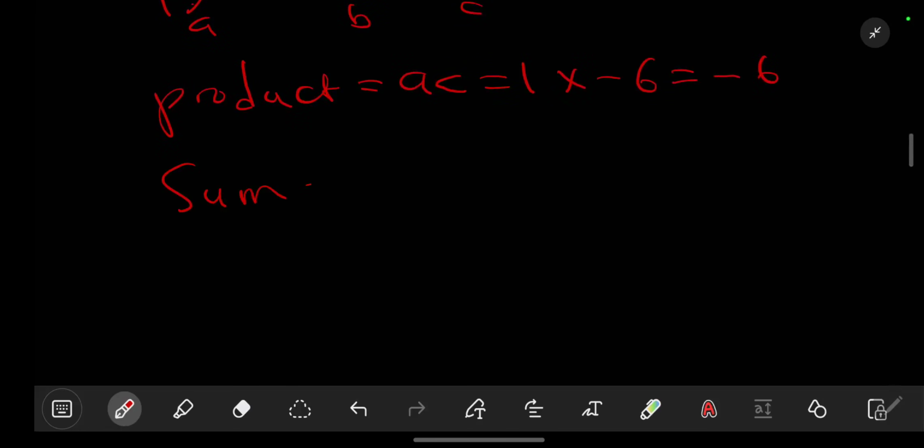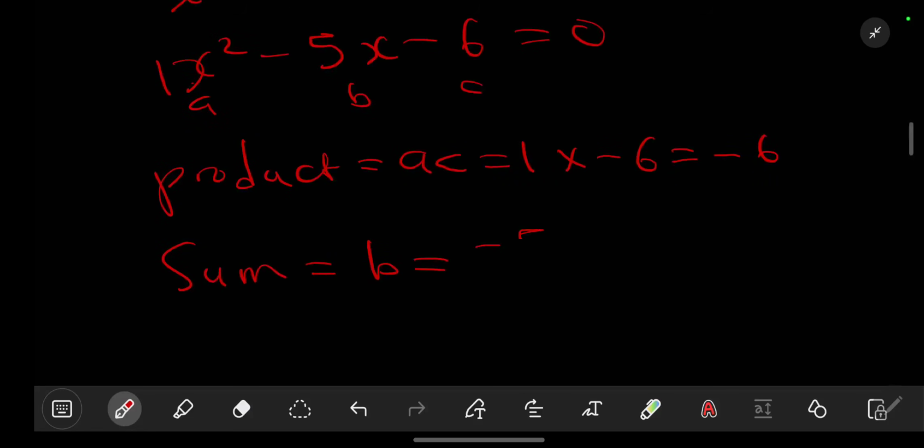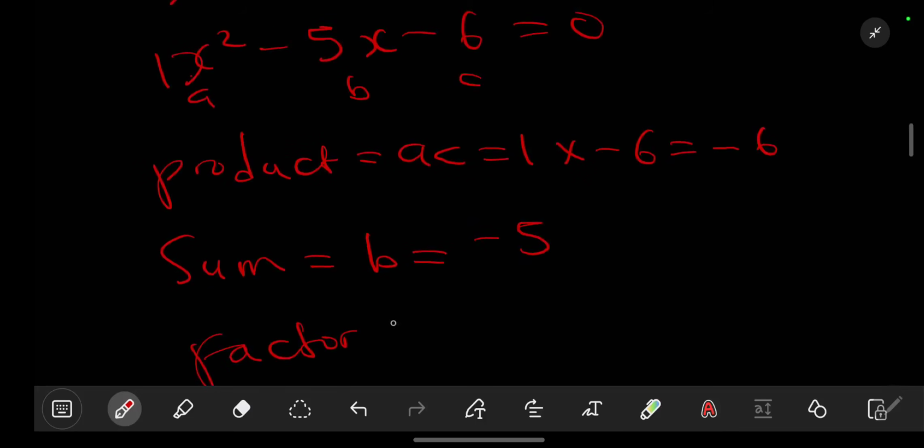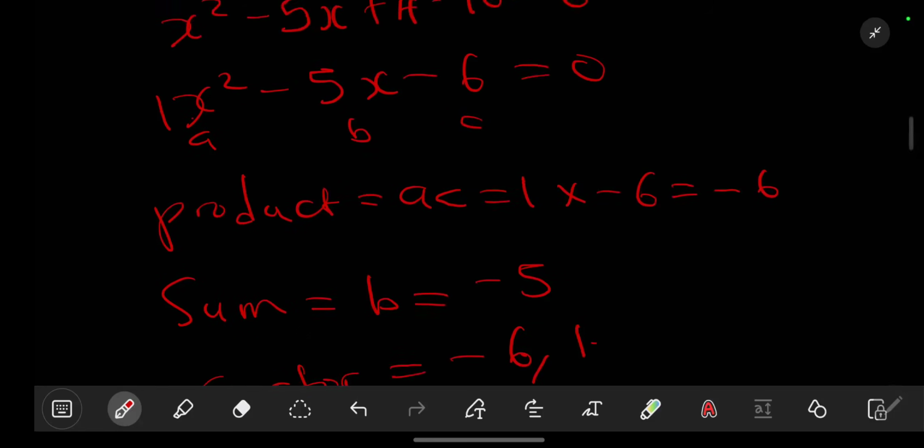Then our sum will be equal to B, which in this case is negative 5. Factors, which are two numbers, when you multiply them, they are going to give you negative 6. When you add them, they are going to give you negative 5. So these numbers are negative 6 and a positive 1: when you add them, they give you this, and when you multiply, they give you that.